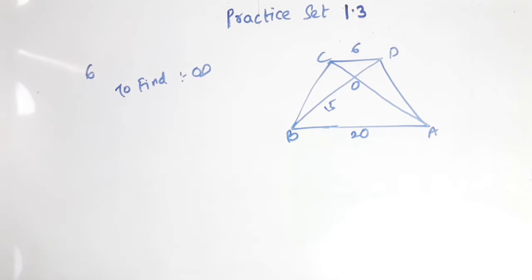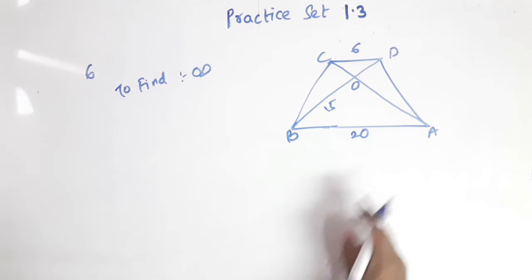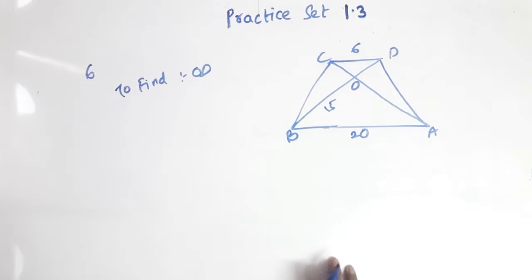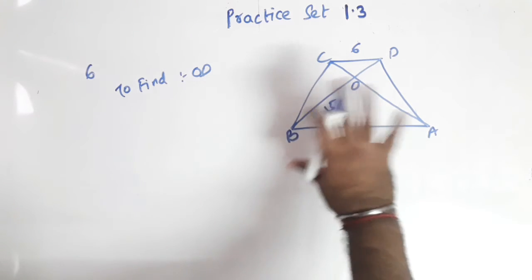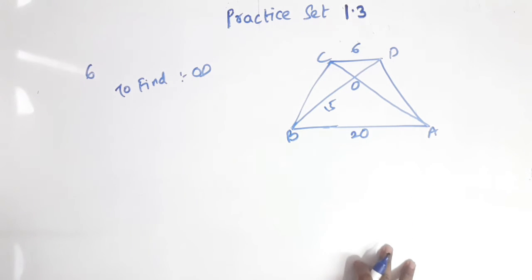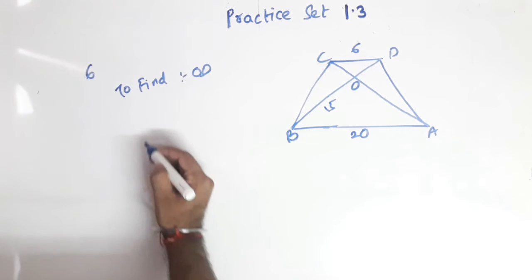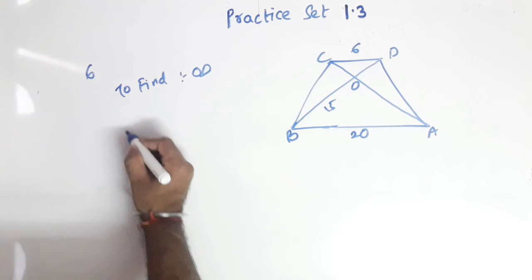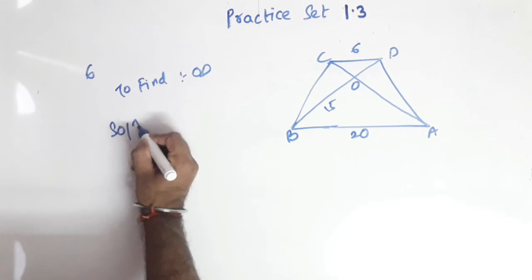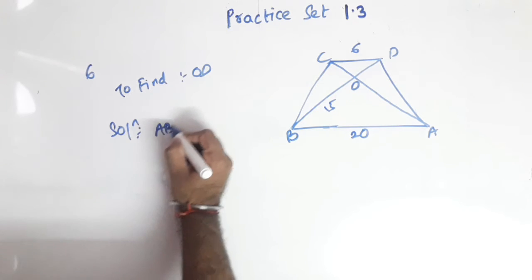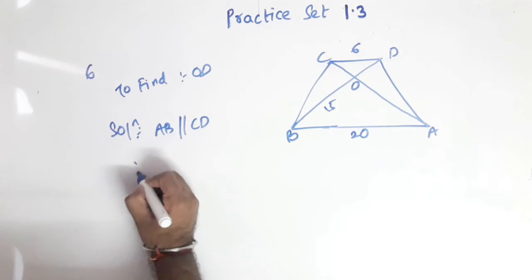So sixth one is quite similar to fifth one. Here it is given AB is parallel to CD, so immediately you can make out this is a trapezium. Okay, now once this is a trapezium, we can write one pair of alternate angles. So I'll write here AB is parallel to CD.